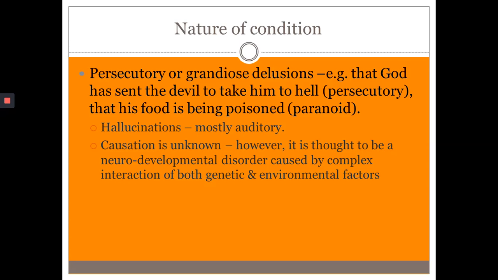malfunctioning issues may come to experience that voice not as their own, but as an external voice, as a voice of someone else. And that someone else could be the voice of God, it could be the voice of the devil, of an angel, the voice of the aliens, it could be the voice of some sinister government agency talking to them.